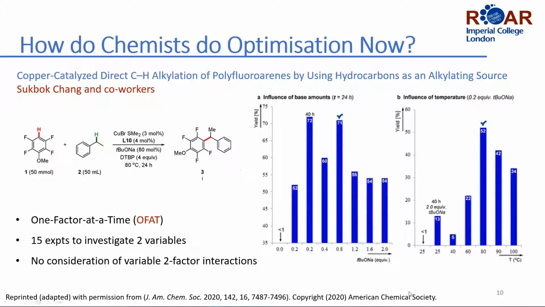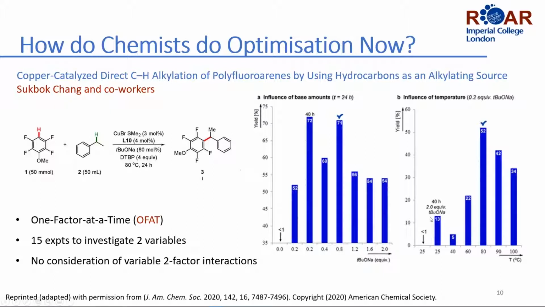And you can see here on the chart, as the number of equivalents of base change, they measure the change in yield. And then they find the maximum yield, fix the equivalence of base, and then go and move on and test the next variable, in this case temperature, and try different temperatures. This is one factor at a time. It's a very stepwise iterative process, and it's taken them 15 experiments to do a detailed coverage of these two variables.